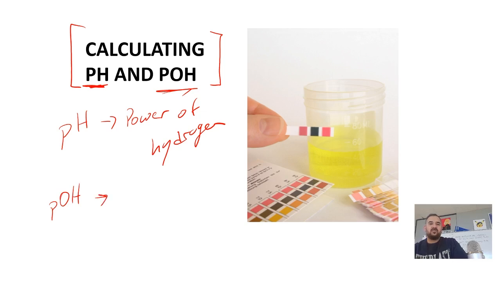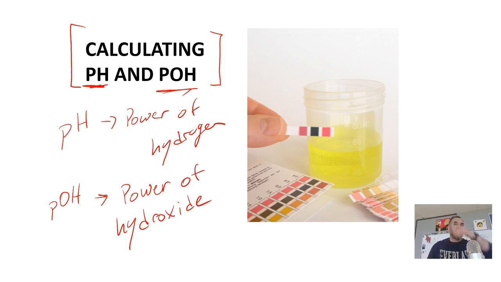What do we call OH? Power of hydroxide. Good. So anytime you have a pH for something, you also have a pOH for that same thing. We're going to be doing those calculations today. Make sure you're following along.